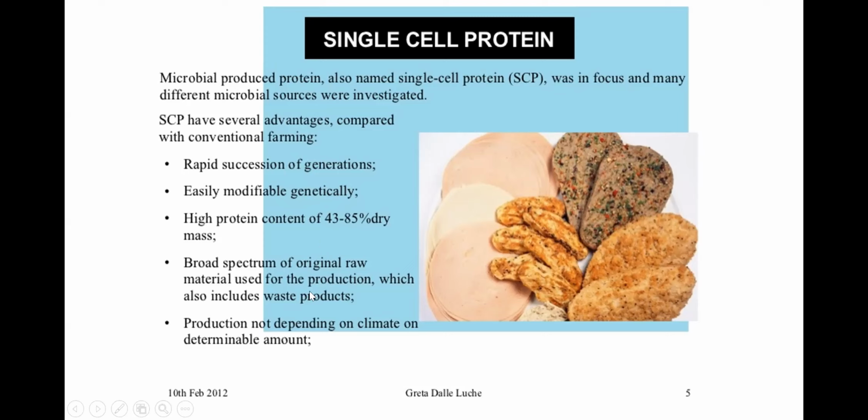Okay, and then the production of this kind of single-cell protein using microorganisms does not depend on the climate, not like when we are rearing cow, sheep, and so on. During the winter time, there might be a shortage of green grass to continue rearing, so there is some limitation in the cold season.